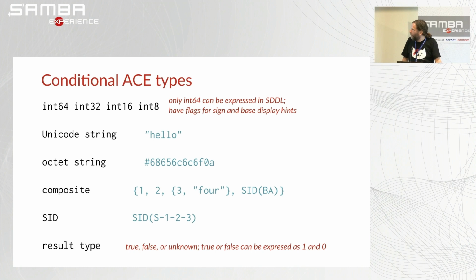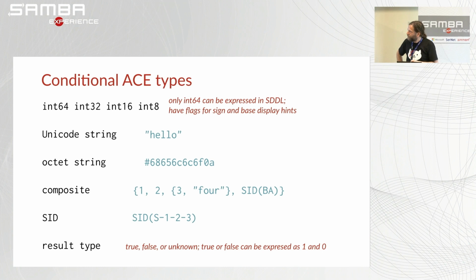The 8-bit and 16-bit and 32-bit are all encoded the same way as the 64-bit, as a 64-bit number, but they've got a different tag, and the only thing that changes is that if you can somehow construct the value to be too high a number, if it's greater than an 8-bit number, it should fail. But in the SDDL, you can't express anything except the 64-bit one, and you can't get it as a result, as far as I can tell. So I don't actually know why they have those.